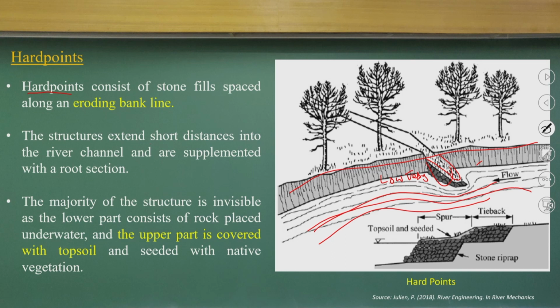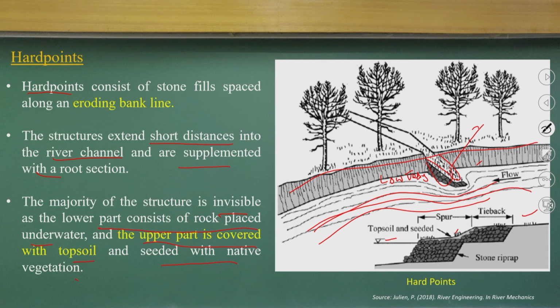The structure extends a short distance into the river channel, and it is supplemented with a root section. It is not only these hard points; it should have a spur with a tie back and topsoil. The majority of the structure is invisible: the lower part is considered rock placed under the water, and the upper part is covered with topsoil seeded with native vegetation.